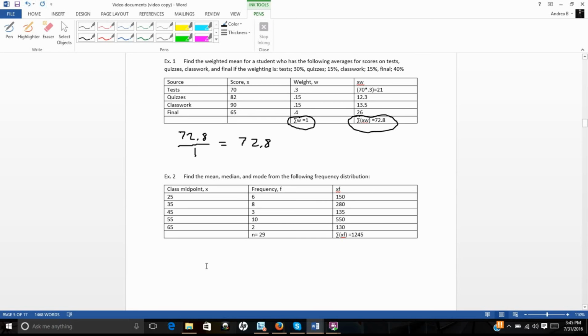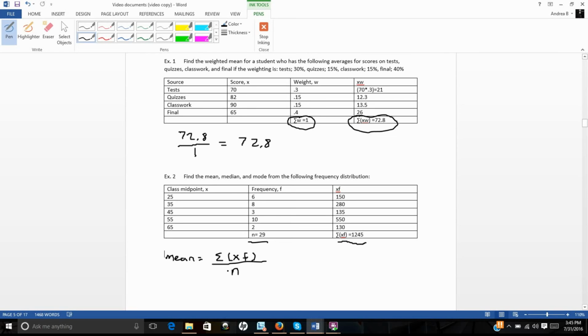So here, for your mean, to finish that up, what we'll need to do is take what we got for our answer here, the summation of x times f, and divide it by our n. So let's write that out here. We're going to have our mean equal to the summation of our x and f, our midpoint and frequency in this case, divided by n.